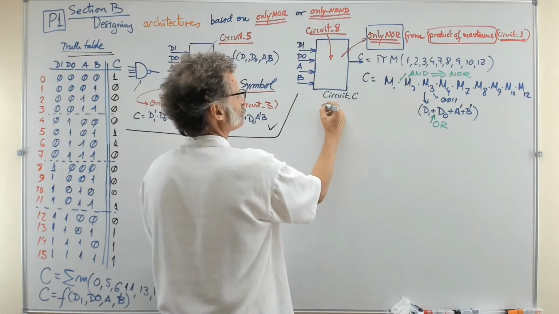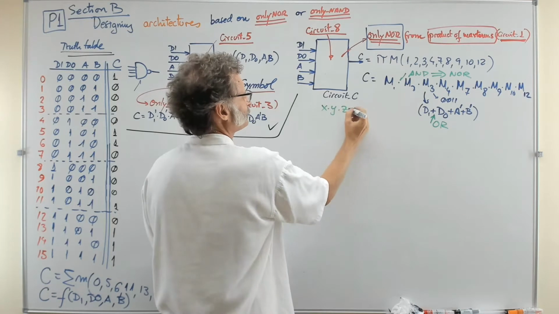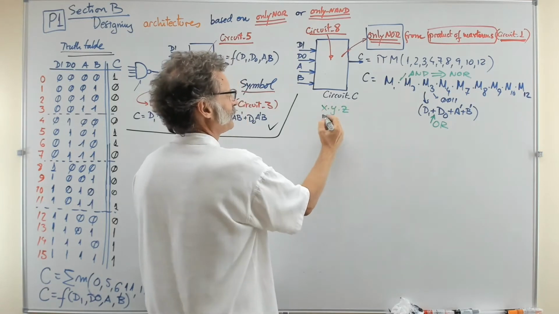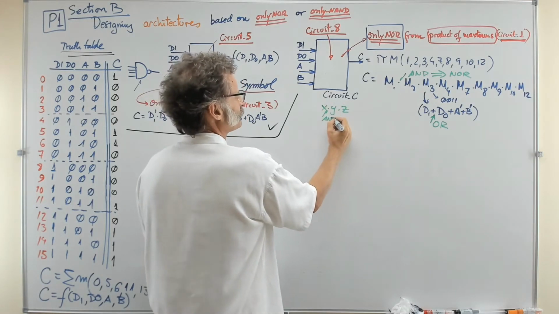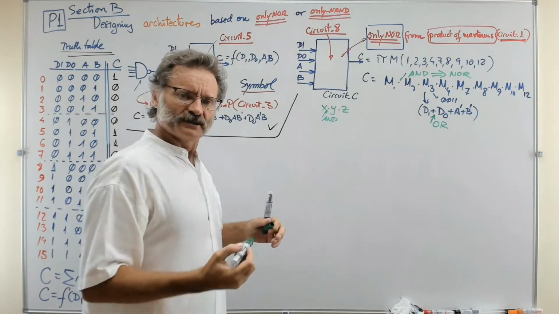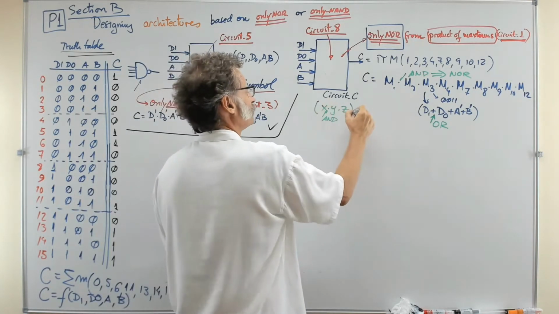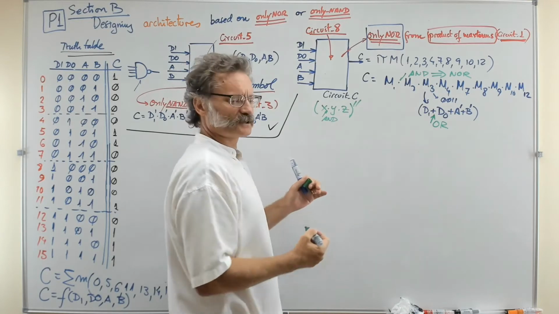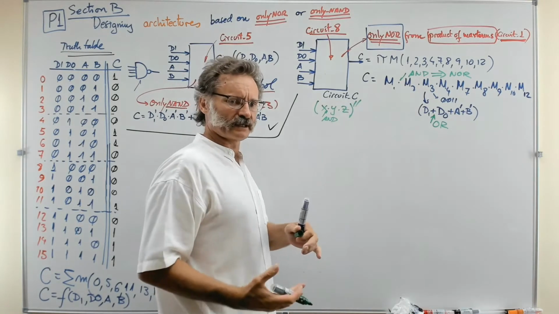If you have something like X, Y, Z, which is an AND, you can use the same tactic. You can invert twice the same expression and nothing happens logically.